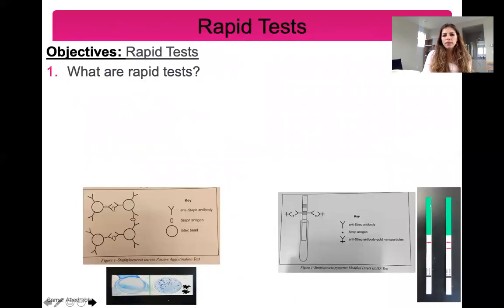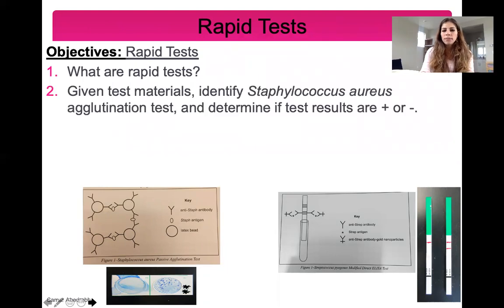The objectives of these rapid tests are to know what rapid tests are. Rapid tests are immunoassays. Assays are tests. Immuno because they take advantage of antibody antigen binding to look for an unknown organism or unknown agent. Given materials, identify the Staph aureus agglutination test and determine if the test results are positive or negative. With the Staphylococcus passive agglutination test, you use these little blue beads that are coated with anti-Staphylococcus antibodies.